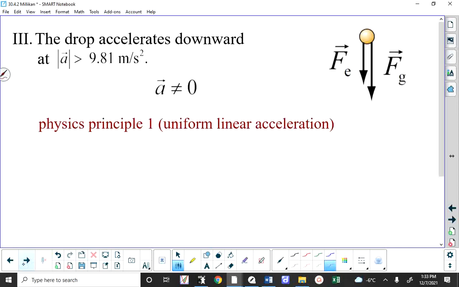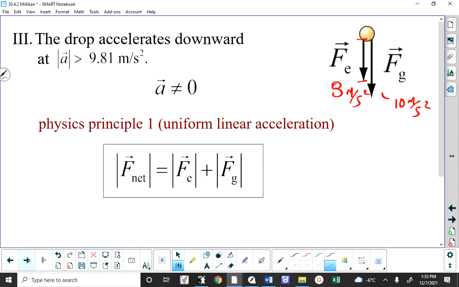This again is a situation where we have linear acceleration. And where you would go from here is, since you're going to add those two forces together, this would be ma equals QE plus mg.